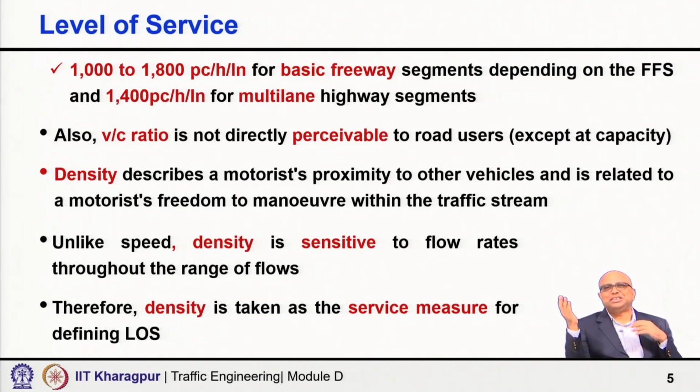The moment the flow is changing, even if the speed is the same, density is going to increase. So density is sensitive to the entire flow range. Therefore, for basic freeway and multi-lane highway segments, density is taken as the service measure for defining the LOS boundaries.